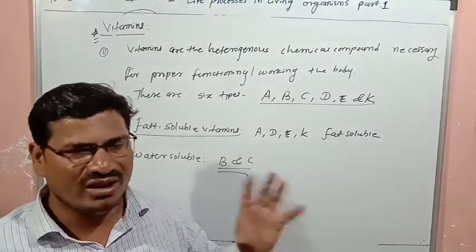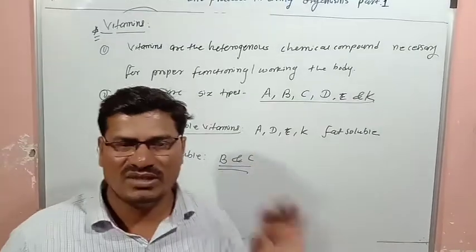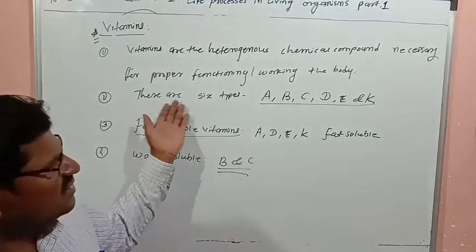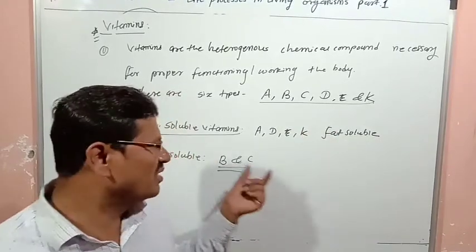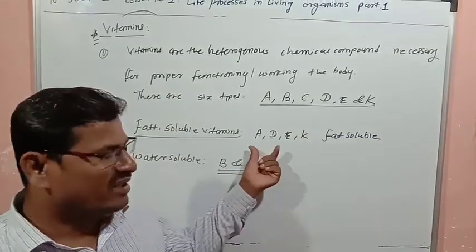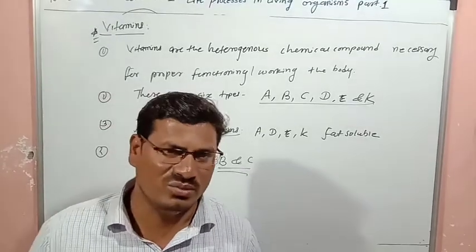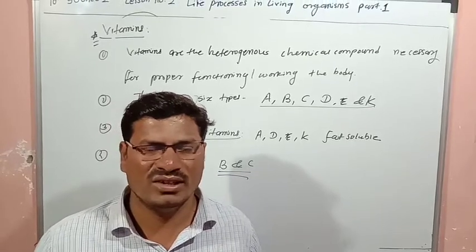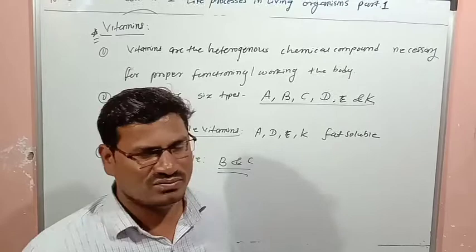There are 6 types of vitamins: A, B, C, D, E, K. Fat soluble are A, D, E, K, and B and C are water soluble.